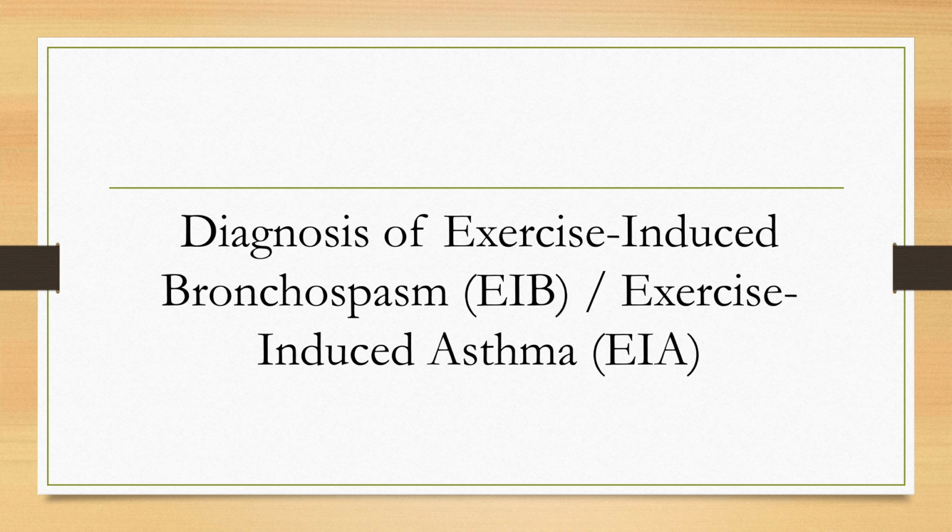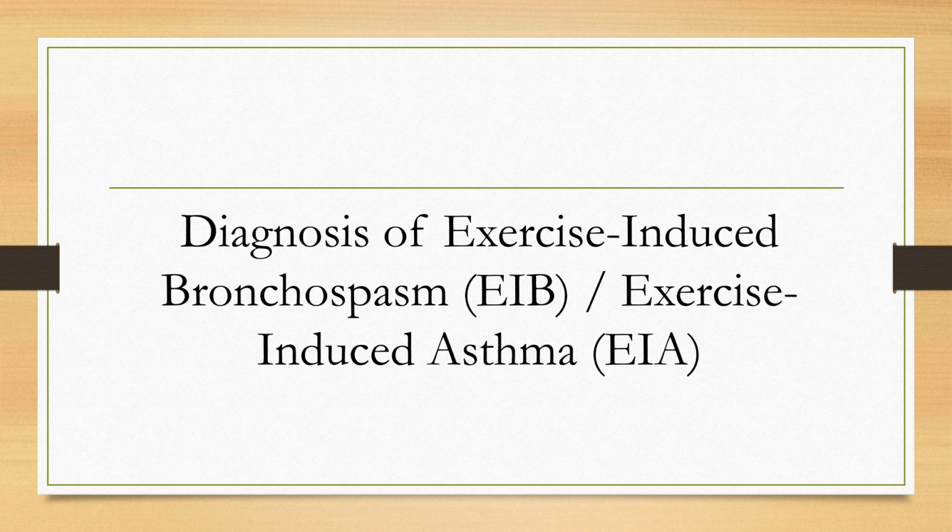With children as well as adults, a lot of times children are very active in sports. You want your child to play soccer, you want them to play a little baseball, whatever you'd like them to do. A lot of times patients who have asthma have what is known as exercise-induced bronchospasm, or exercise-induced asthma, EIB or EIA.